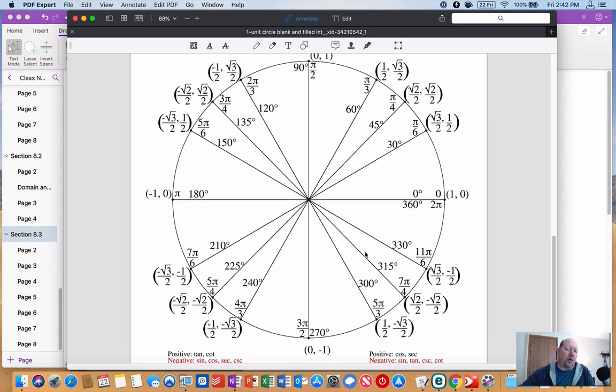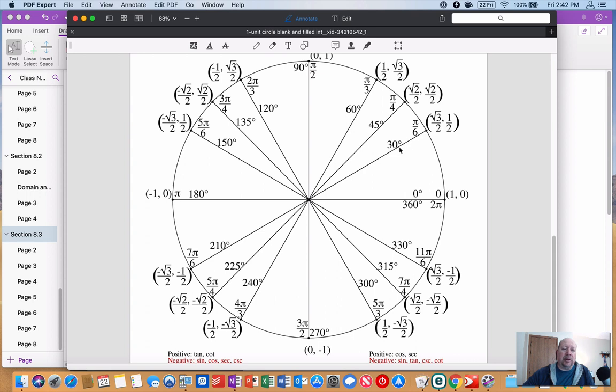Now that's it if we're only looking from 0 to 360 degrees. There are two angles. However, if you think about it, there are actually infinitely many angles that have a sine value of 1/2 if we don't restrict ourselves to just the first 360 degrees. Remember, all coterminal angles have the same trig function values.